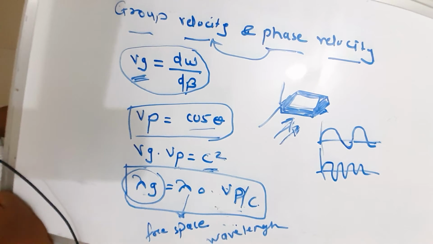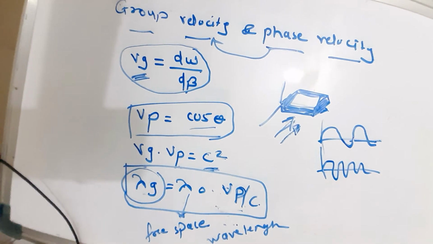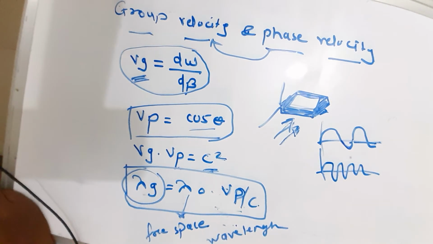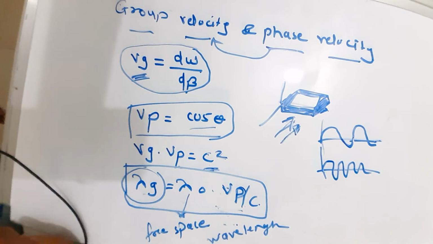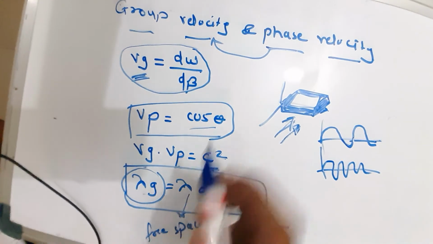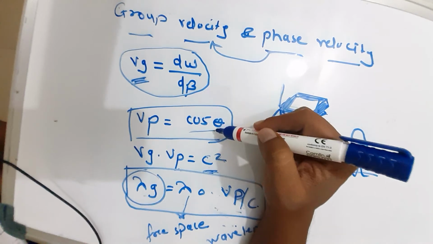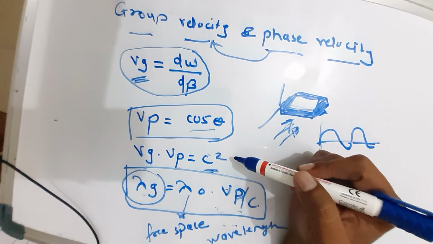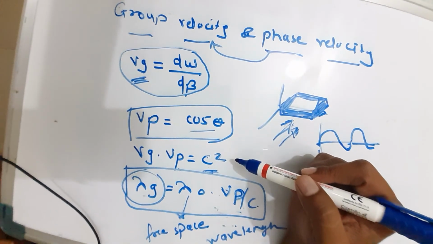So today we saw the definition of group velocity: the rate at which the wave propagates through the waveguide. The phase velocity is the velocity at which a wave changes phase in a direction parallel to the conducting surface, such as a wall of the waveguide. Vg equals delta W divided by delta beta, the product of group velocity and phase velocity equals c square, the velocity of free space.